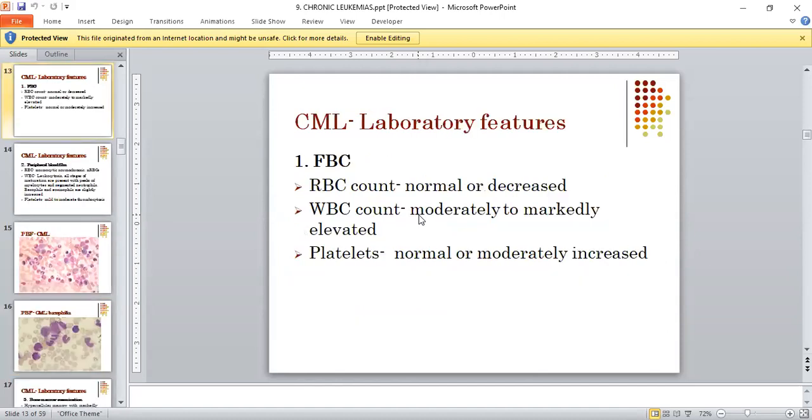So for the lab features, full blood count would reveal normal or decreased red blood cells, because mostly, as we've said, it's the granulocytes that are affected. The total white blood cell count is going to be moderately or markedly elevated because of the granulocytes. Then the platelets, just like the red blood cells, can be normal or slightly increased.